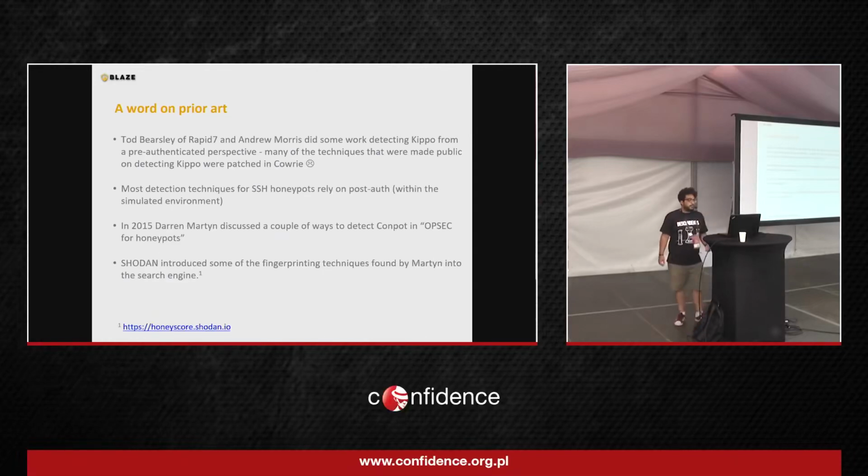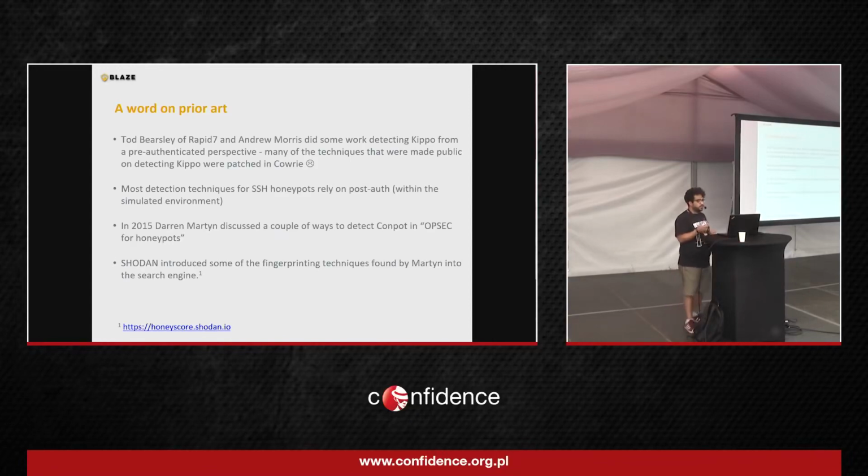Most of the detection techniques for SSH honeypots rely on post-authentication, which means you have to be lured inside the trap already, and then when you interact with the system, you can tell that this is not a real system because a lot of functionality is missing. So the idea here is to detect it from a completely pre-authenticated perspective, which means we're not even falling inside the trap, and can tell before connecting or authenticating to the service that it is a honeypot.